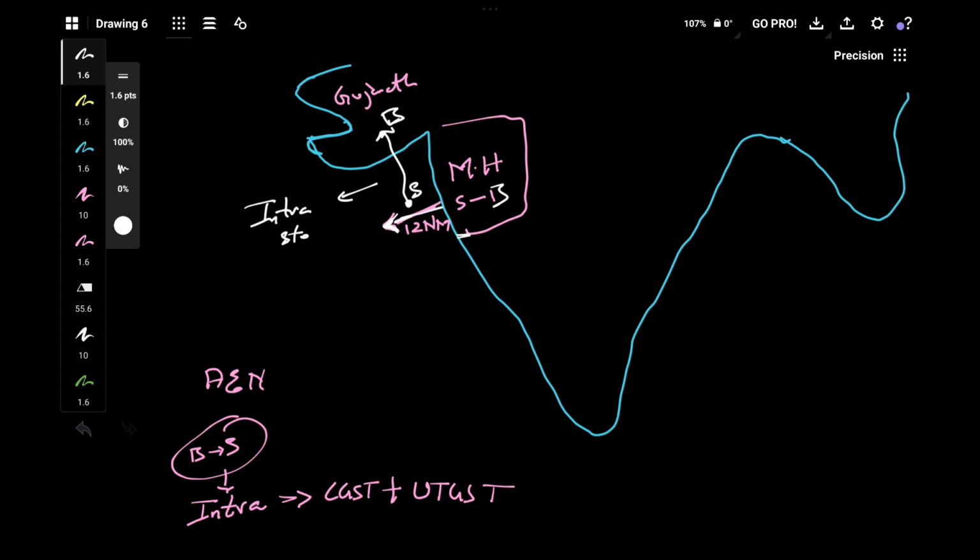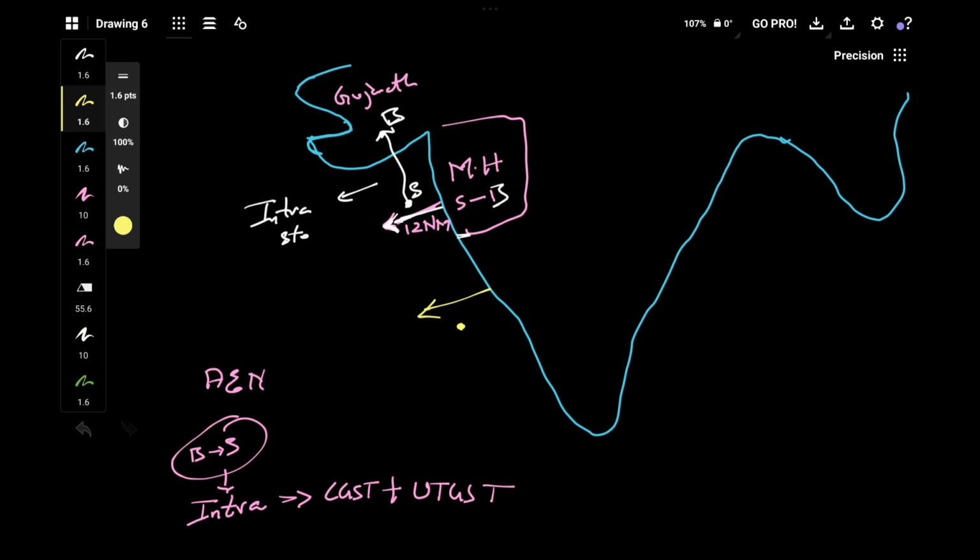If there is a point in this sea within 12 nautical miles from the coastline, and this coastline is nothing but the place where land ends and sea starts, then even if it is out of Maharashtra's land, but within these 12 nautical miles, it is regarded as Maharashtra. So first we'll see, is it within 12 nautical miles from this coastline?